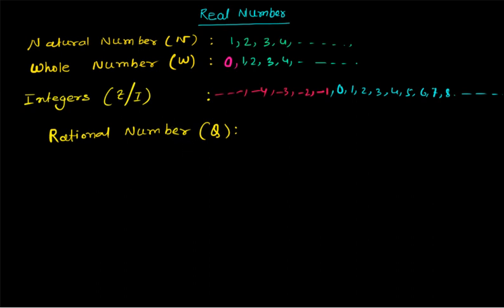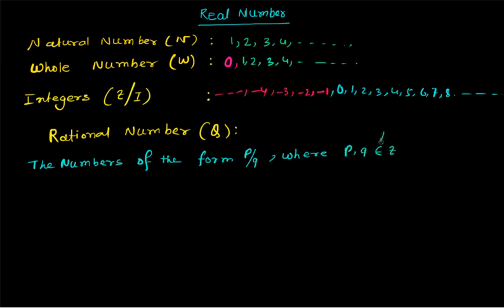The definition of a rational number is the numbers which can be represented in the form p by q, where p and q both are integers. This symbol is called belongs to.